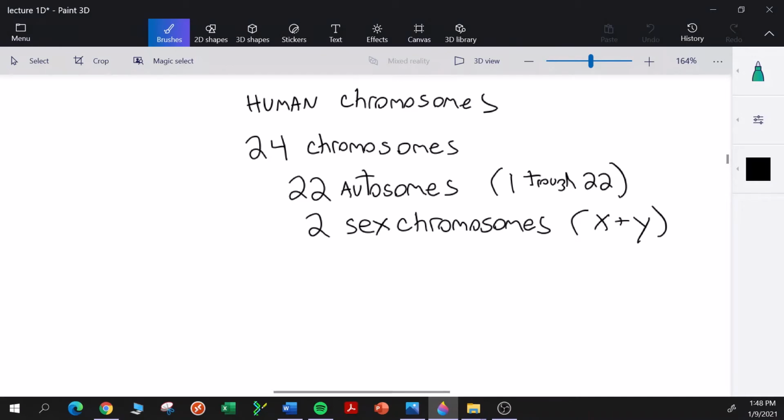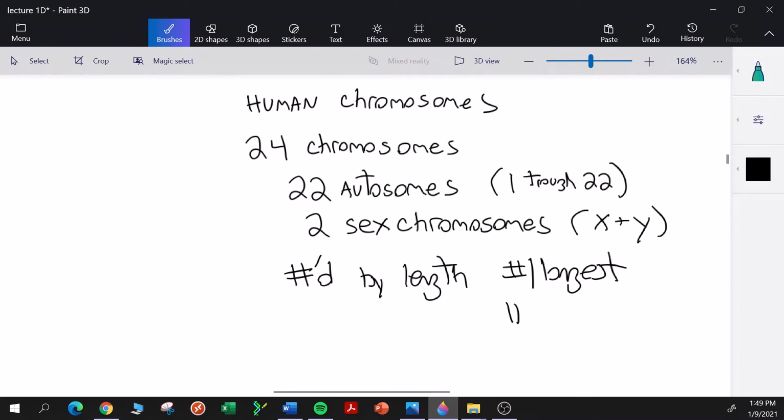And for the most part in humans, the chromosomes are numbered by length. So with this information, we can predict that chromosome number 1 in humans is probably the longest chromosome, and we can guess that number 22 is the shortest. I don't think that's accurate.